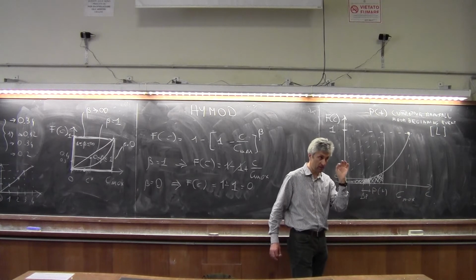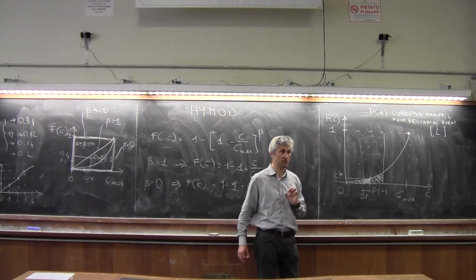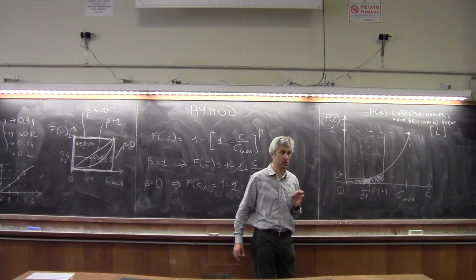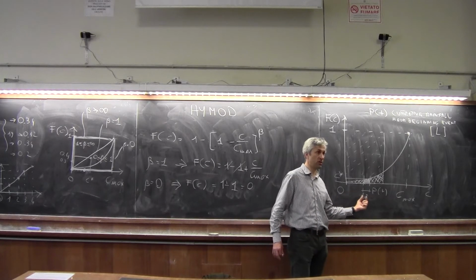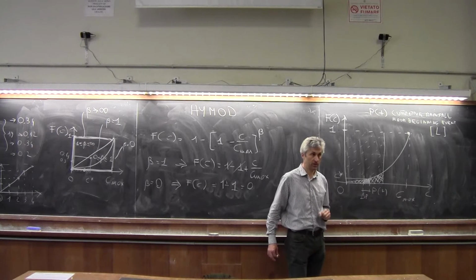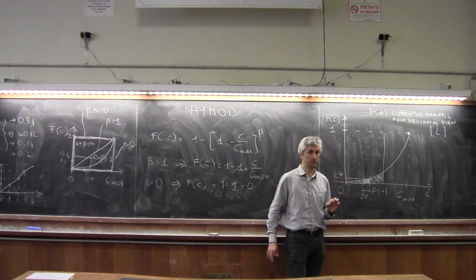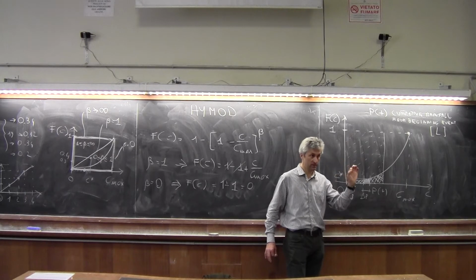Let me state again. C star is the percentage of the area of the catchment that has a storage that is lower than the cumulative rainfall from the beginning of the event to the instant in which delta P occurs. Let me say again with different words. It's the percentage of the area of the catchment which is saturated when delta P occurs.